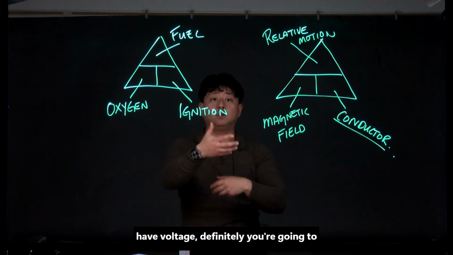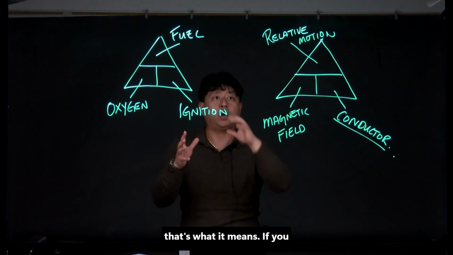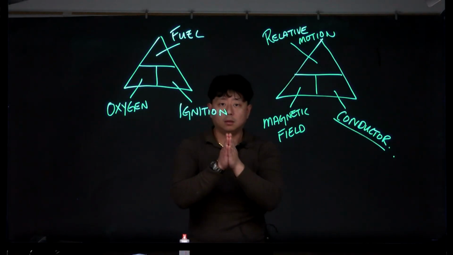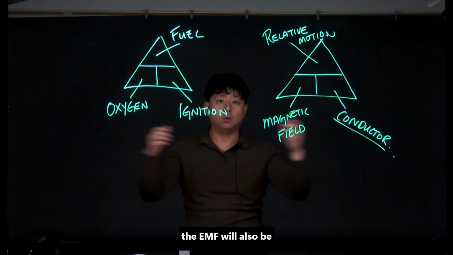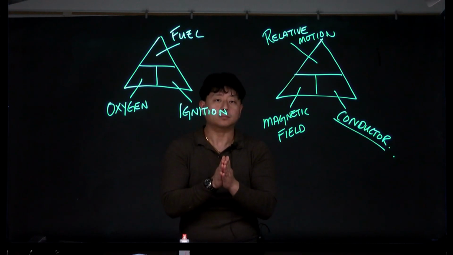If you have voltage, definitely you're going to have current. All right, so that's what it means. If you amplify any of these three, then the magnitude of the induced current or the EMF will also be enlarged, magnified as well.